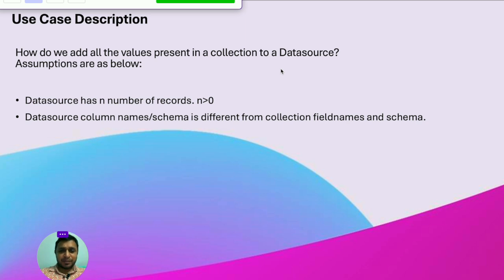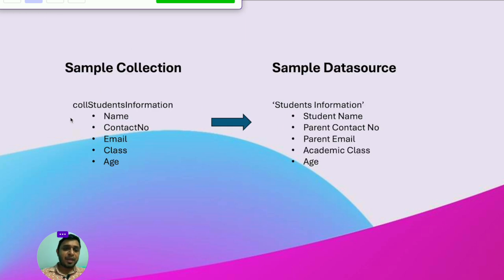So let me take an example, right? Suppose we have this collection here. This is a very simple, straightforward example. We can discuss some complex examples as well. So let's look at this example first. That's a collection of students information, right? So I have 5 fields here: name, contact number, email, class, and age.